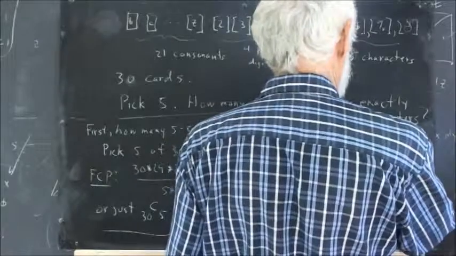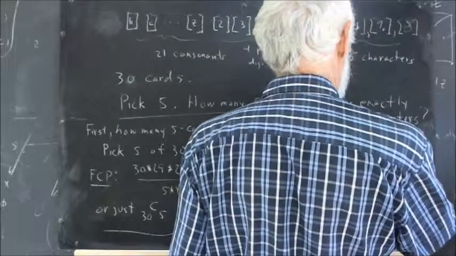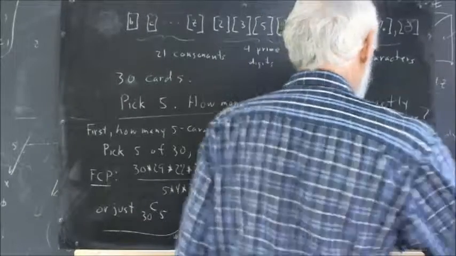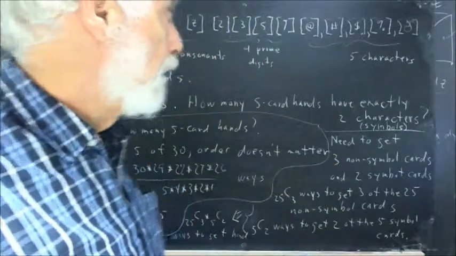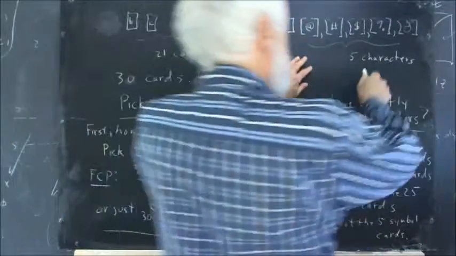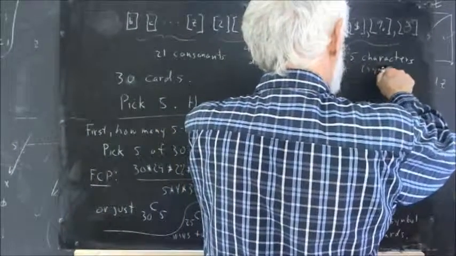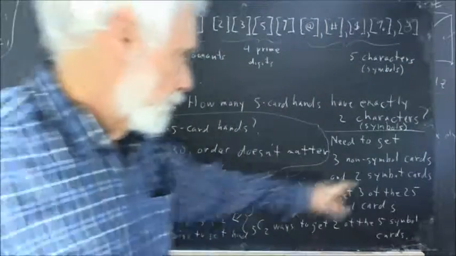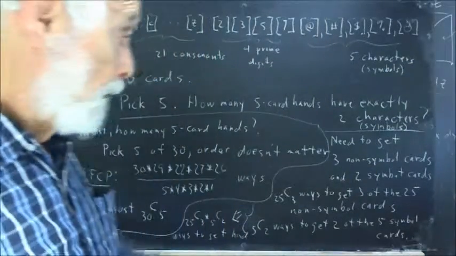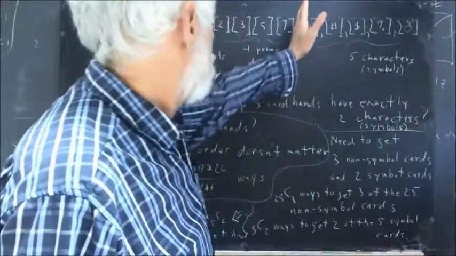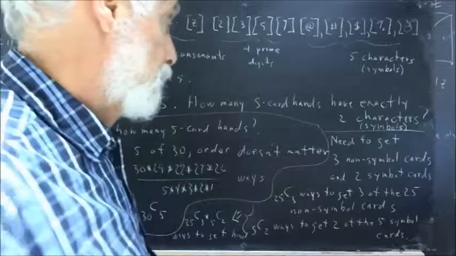So I'm going to use the word symbols for the characters, and we're talking about these 5 characters here. And we'll call these symbols also, so that the word symbols make sense down here. Okay, well, we need to get 3 non-symbol cards, 3 of the cards from here over.